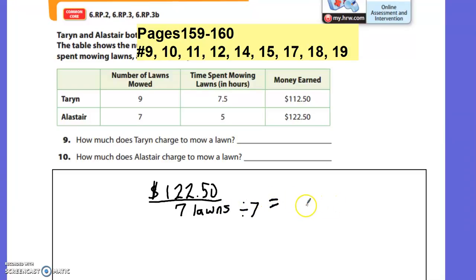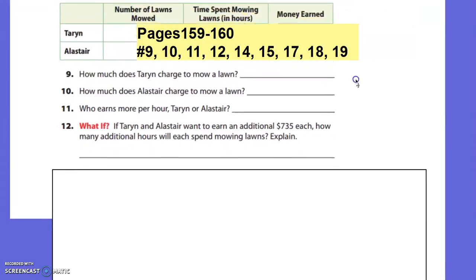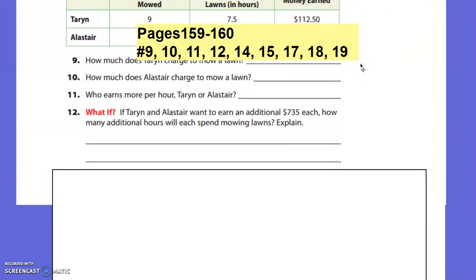And 7 lawns divided by 7 would be 1 lawn, which is our point. We're trying to figure out how much he makes for 1 lawn. So if you divide, for number 10, $122.50 by 7, you will get the right answer. Go ahead and try those, and when you're confident you got the correct answer, you could check them with the calculator, and then we will check out numbers 10 and 11.